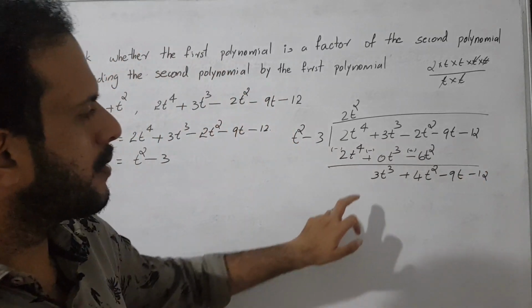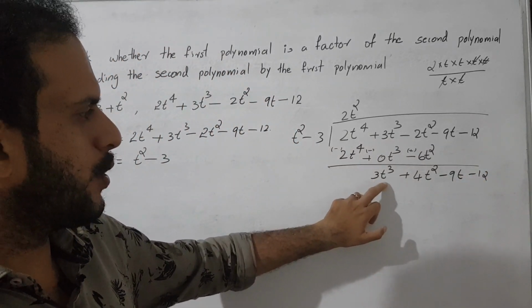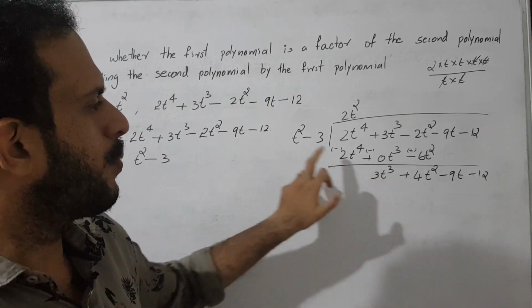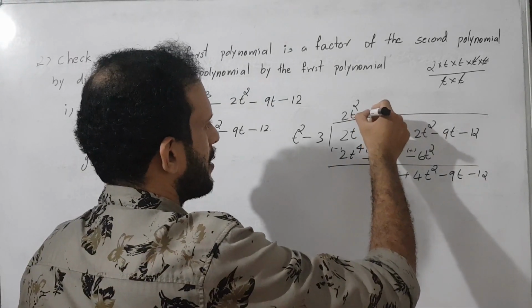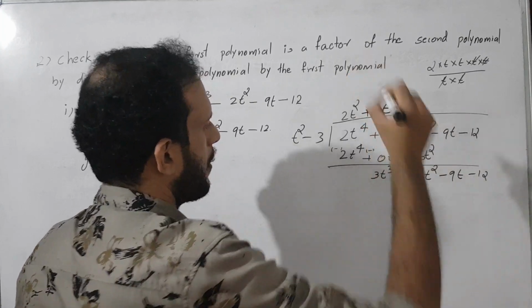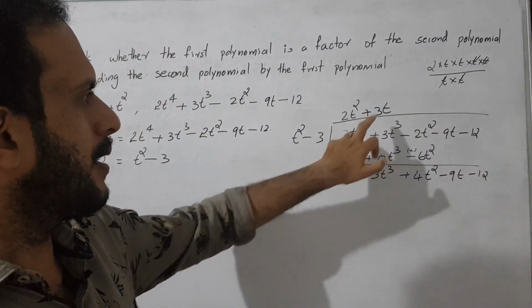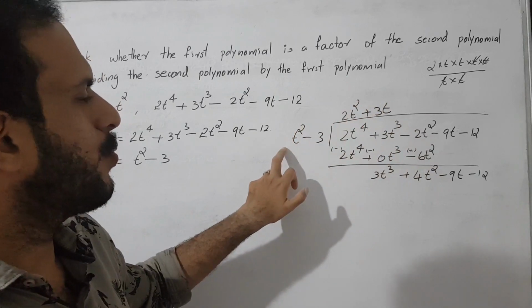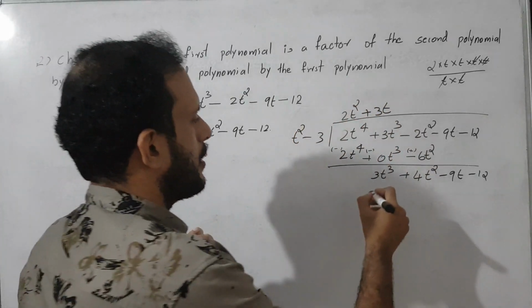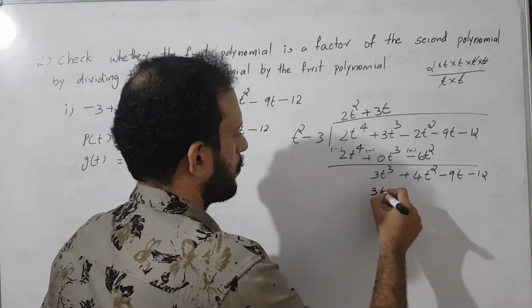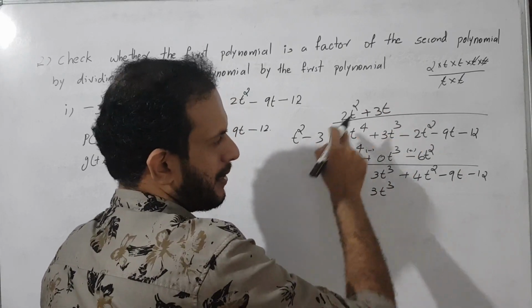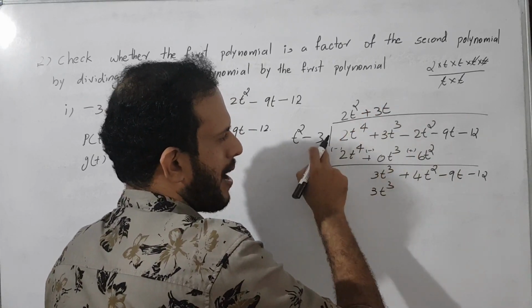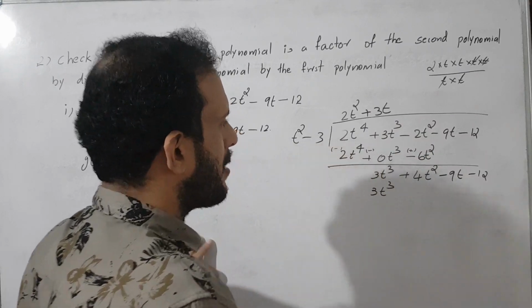The next, the highest term is t cube, 3t cube, correct? Then 3t cube divided by t square is, yes, plus 3t. Then 3t into t square is 3t cube. 3t into minus 3. What is 3t into minus 3?